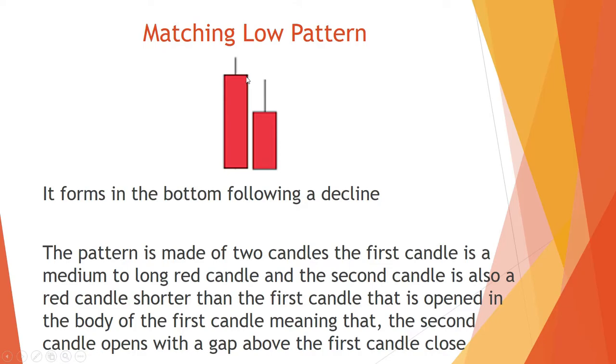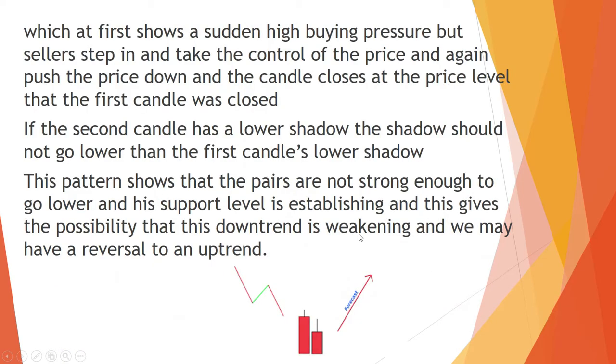So it opens above the first candle close, which at first shows sudden high buying pressure, but the sellers step in and take control of the price and push it down, and the candle closes at the price level where the first candle closed. It opens here and closes here, like the first candle.